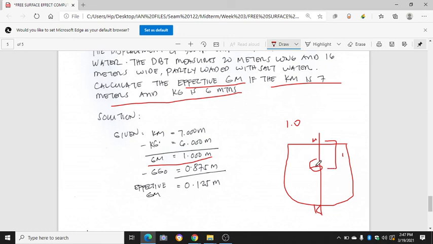Since G is shifting upwards by GG0, the GM becomes 0.125 meters, because the rise of G is 0.75. That's the reason why your GM is reduced to 0.125 meters, and your KG is also increasing.